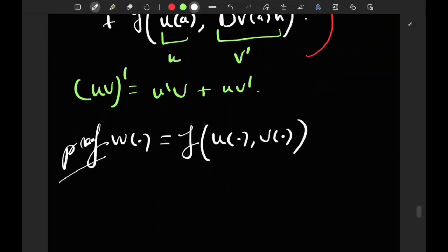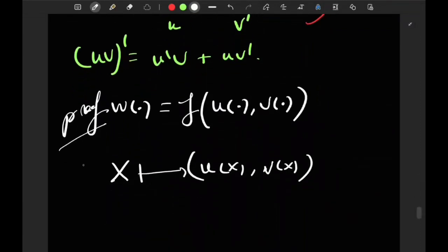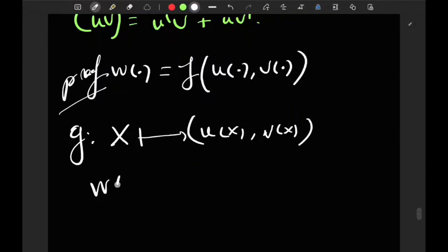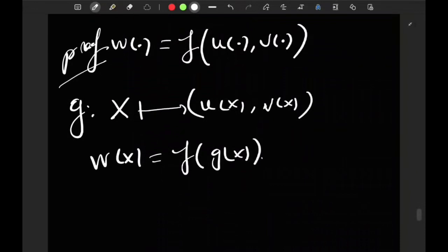We're looking basically at the composition of the bilinear map f with the map which sends x to u of x, v of x. Let's call it big H, or let's call it G, okay? So then W of x is just f of G of x. So W is in fact f composed with G.